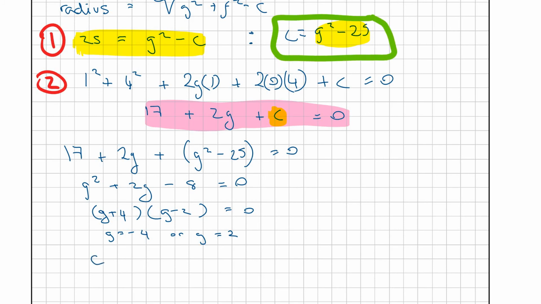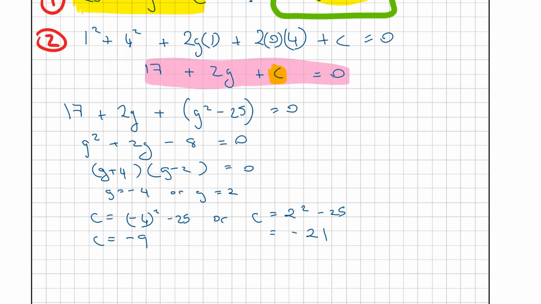So c then is equal to minus 4 squared minus 25. Minus 4 squared is 16, minus 25 is minus 9. Or c, if I plug in this number 2, is equal to 2 squared minus 25, and that gives me a result of minus 21.